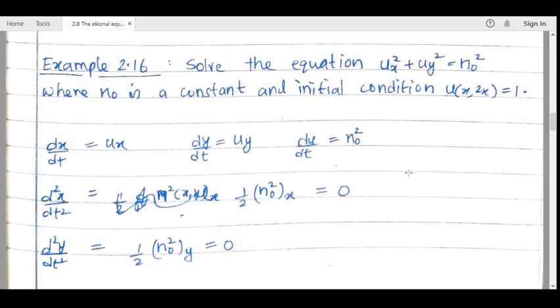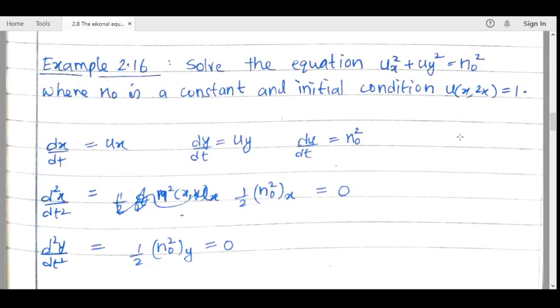So u is 1, a constant, on the line y equal to 2x. This initial condition represents the line y equal to 2x.